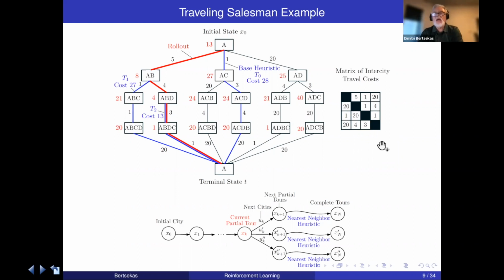You can view rollout as one step of policy iteration, the method of policy iteration, and also as one step of Newton's method, starting from the cost function of the base heuristic. So the Newton step will give you an improvement, and also if you're sufficiently close to the optimal, it will guarantee you a very substantial improvement.